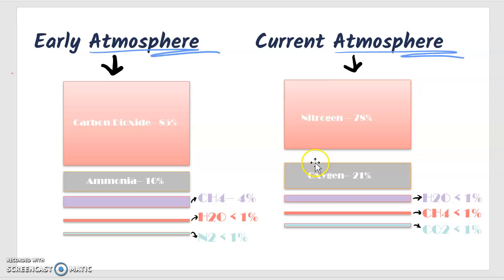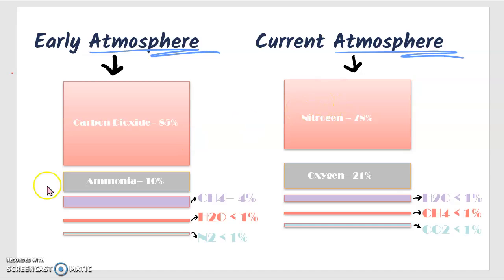And oxygen was due to the photosynthesis process made by our plants and even our cyanobacteria. So these are the processes that caused the change in the composition of our atmosphere from the early atmosphere to the current atmosphere.